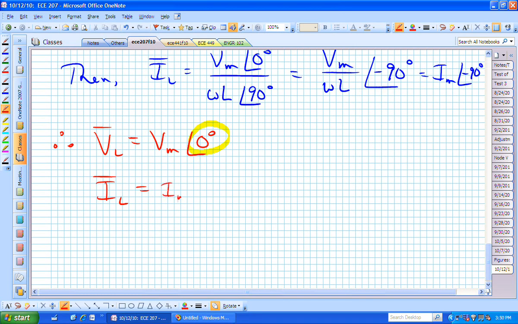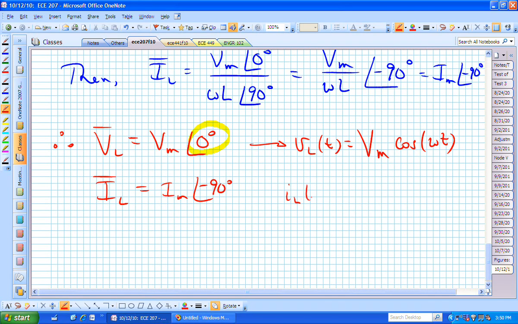Then we have I sub M at an angle of minus 90 degrees, and now we can go into the time domain if we want to. We have V sub L of t equal to V sub M cosine omega t. That omega was on the side of our paper; we were keeping track of that.